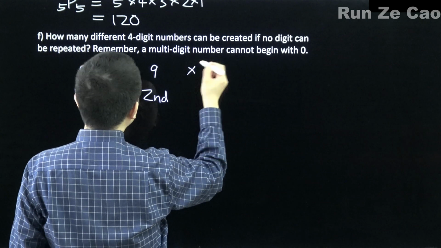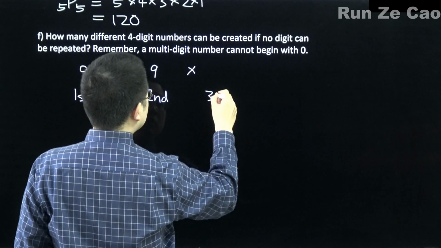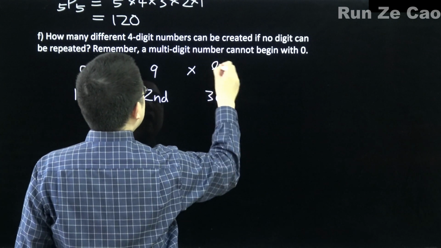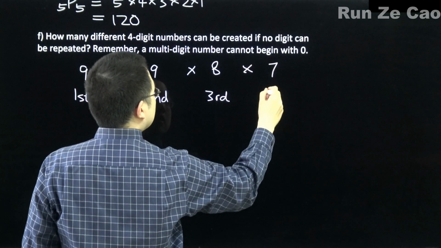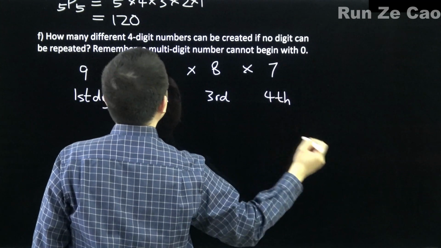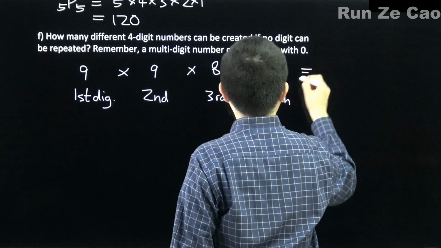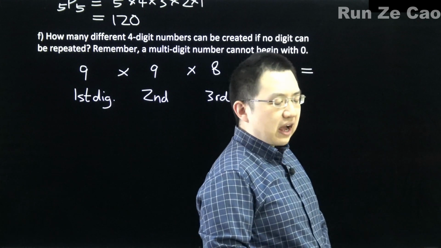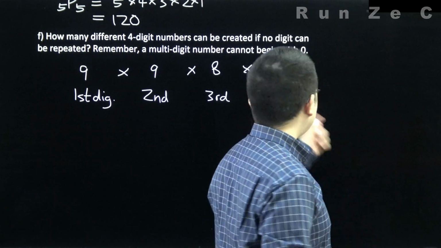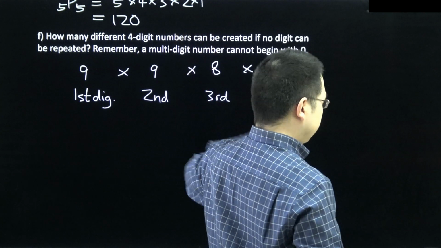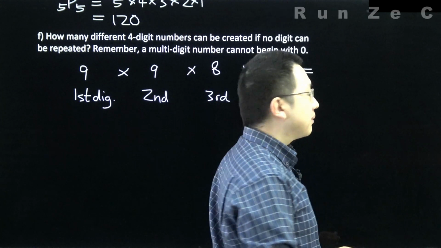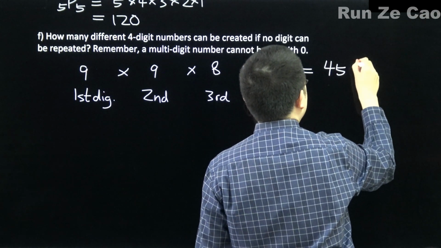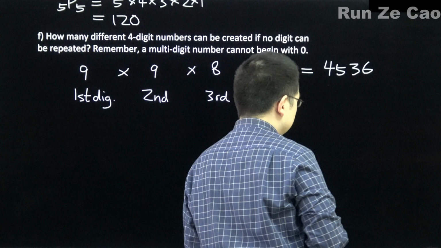And then for your third digit, you've already used up 2 of your digits, so you end up with 8 times 7, which leaves you with 504 times 9, because we calculated this part up there. 504 times 9 is 4536.